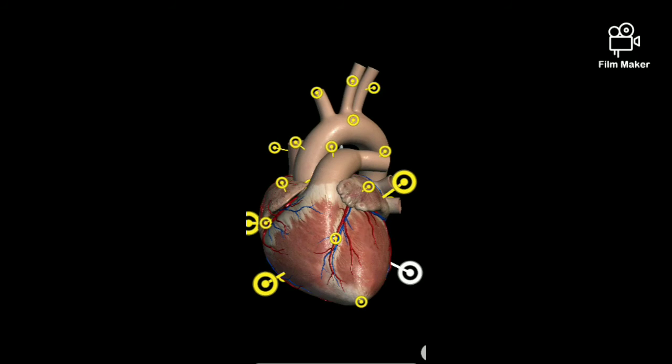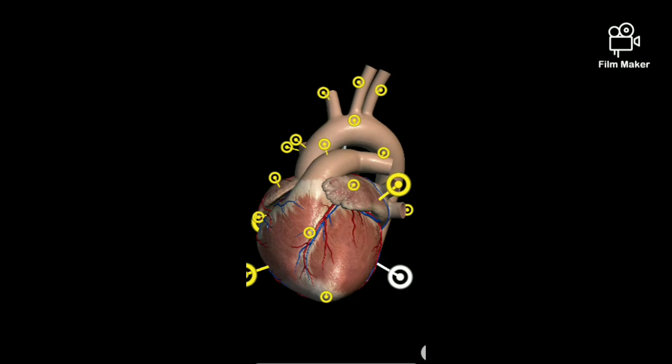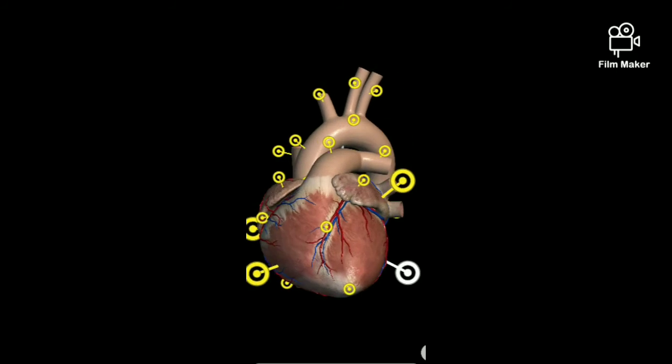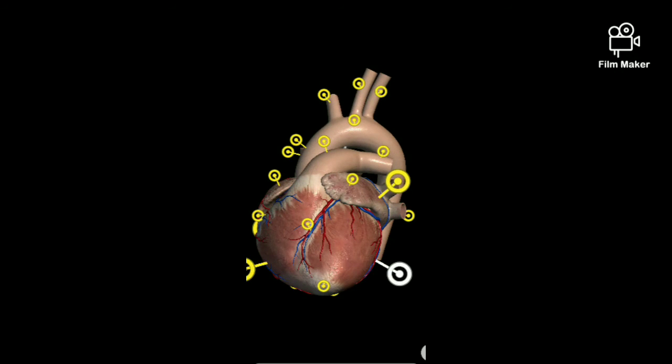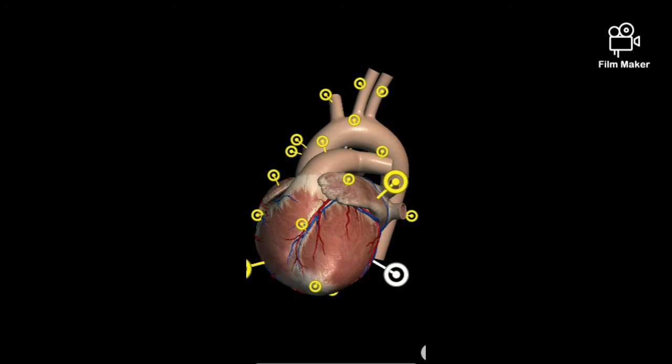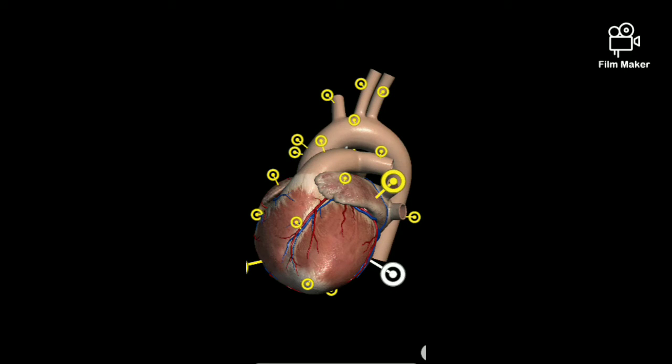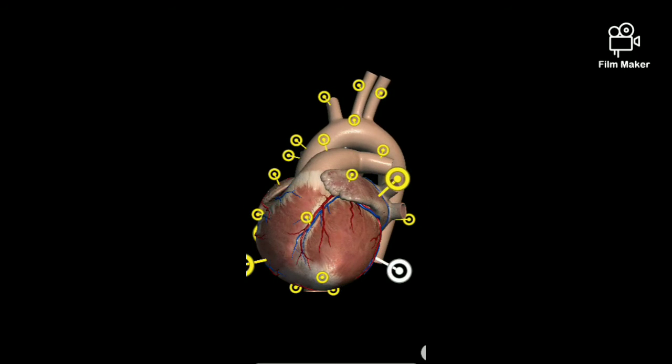The four abnormalities are ventricular septal defect, overriding aorta, where the aorta is positioned directly over the VSD, pulmonary valve stenosis, and ventricular hypertrophy. These are the four anomalies.